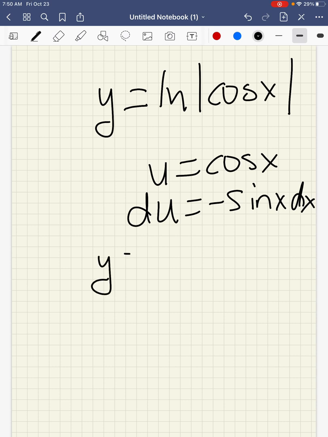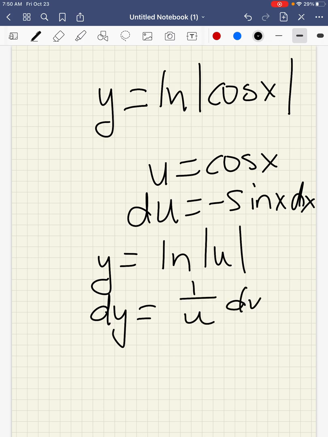And the original problem is y equals ln of absolute value of u. So then dy becomes 1 over u du. Really, the only reason that we have the absolute value in the beginning is that we can't take the natural log of a negative number. So if it was a negative number, you'd have to take the absolute value of it in order to continue.